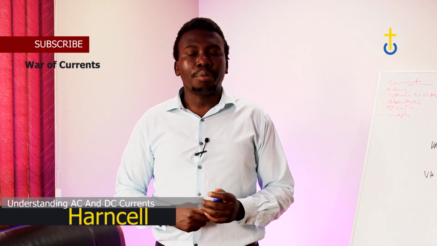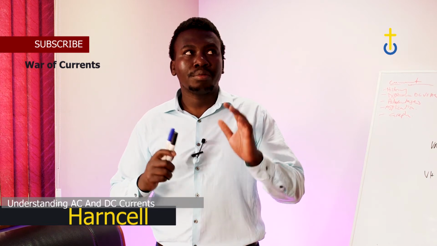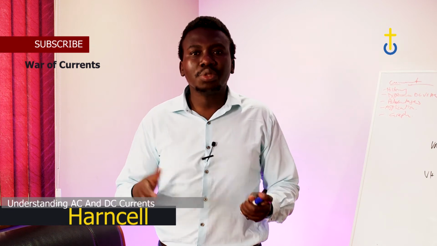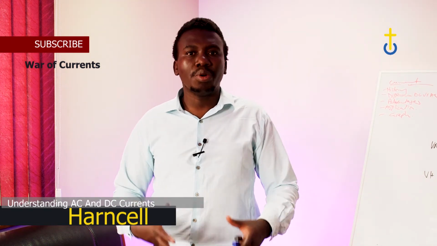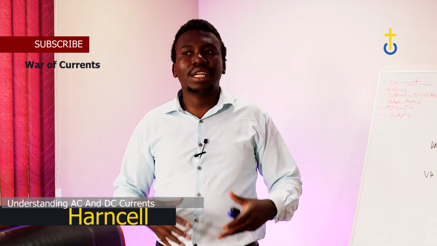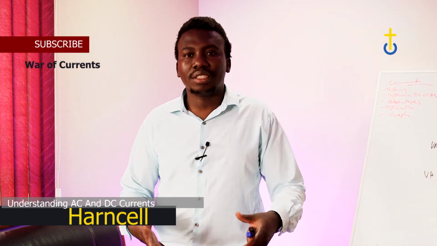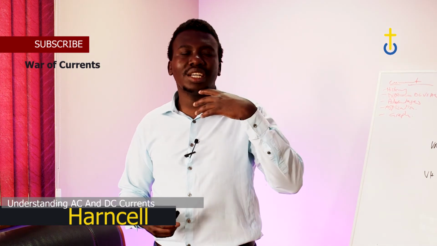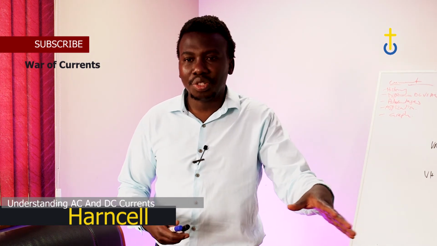But Edison's intention was not really to demonstrate to people that AC was more dangerous than DC, but rather to kill AC, so that his DC systems could sell. Okay? Now, because Edison had gone to an extreme, Tesla also went to an extreme.